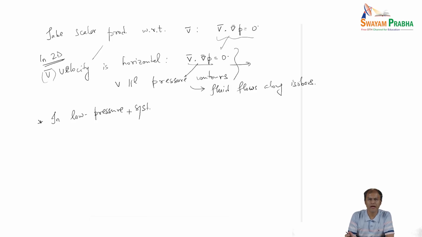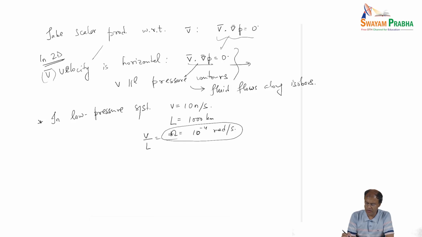let us see all these ideas with some example. So suppose in a low pressure system, a typical example could be when the velocity of the particle is about 10 meters per second and L is 1000 kilometers and omega is 10 to the power minus 4 radians per second. So this is V by L, and this is the omega.